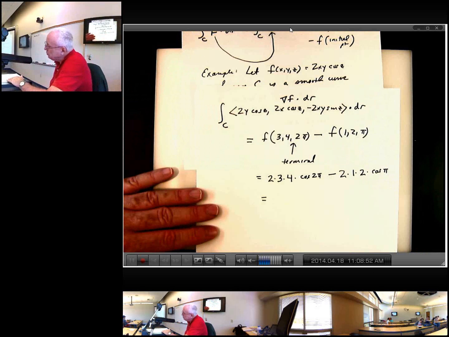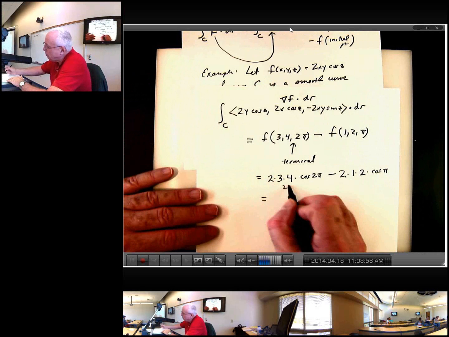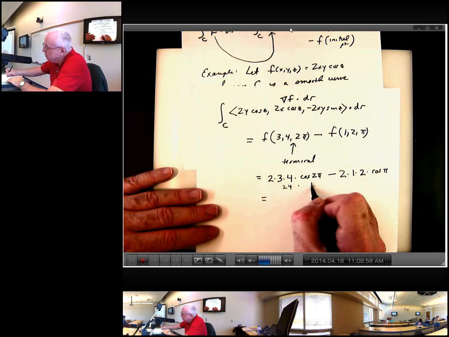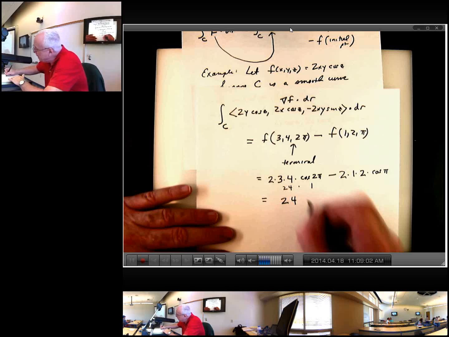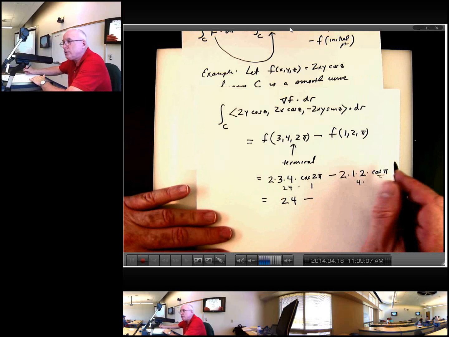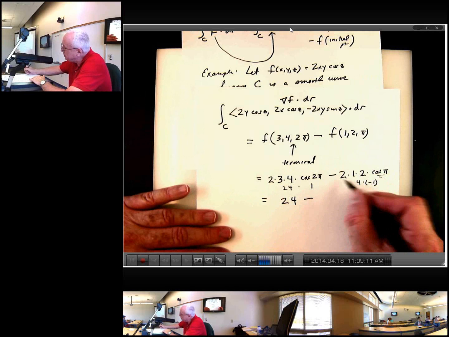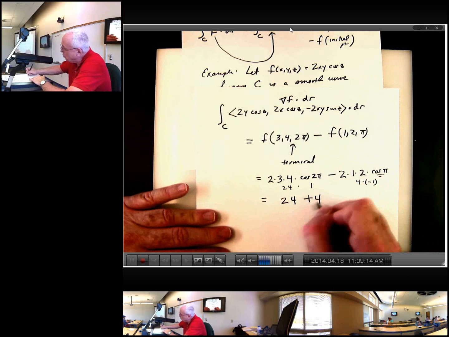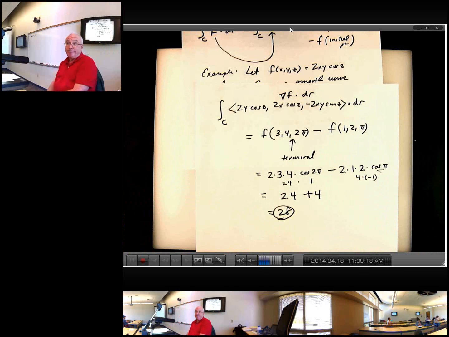So what do we get here? 2 times 4 is 8, times 3 is 24, times 1. Cosine of 2 pi is 1, so I have 24. Minus, and then we have 2 times 2 is 4. What's the cosine of pi, though? Negative 1. So I have a double negative, so I have a plus 4. So my integral evaluates to 28.